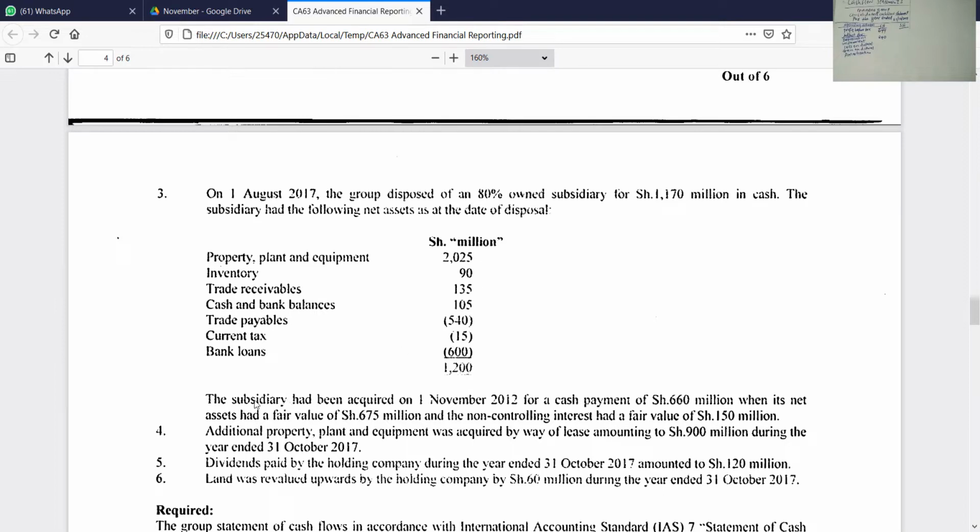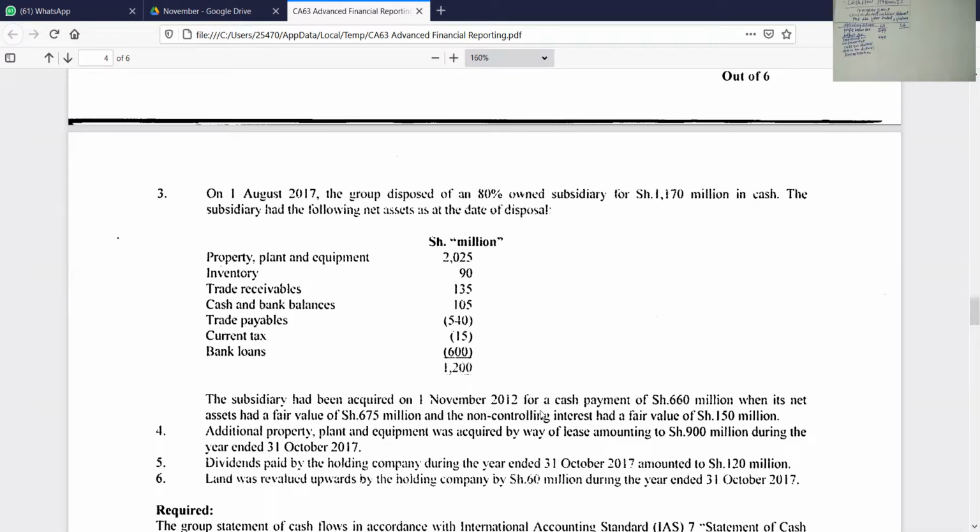Down here, you are told that the subsidiary had been acquired on 1st November 2012 for a cash payment of 660 million, when its net assets had a fair value of 675 million, and the non-controlling interest had a fair value of 150 million.